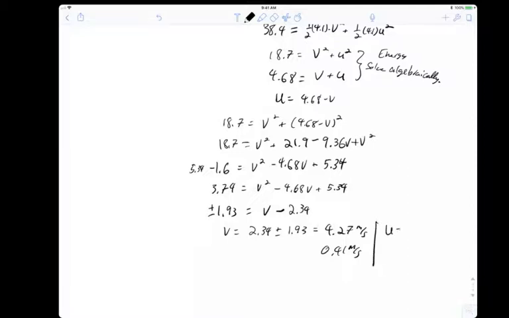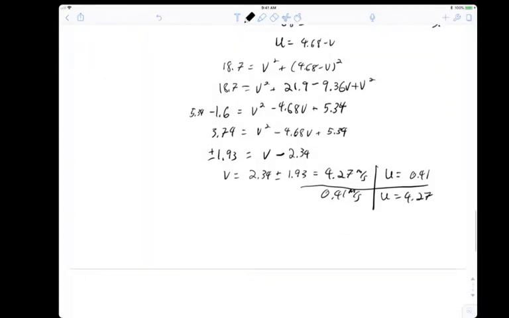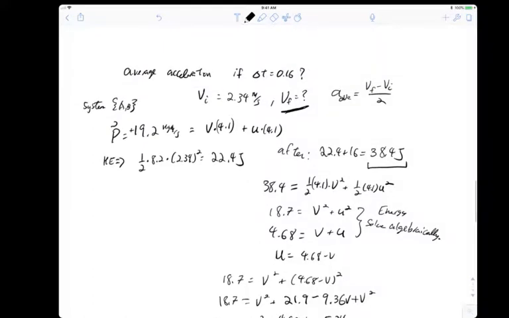Meanwhile, u is equal to 4.68 minus 4.27, 0.41, or it's equal to 4.68 minus 0.41, 4.27.